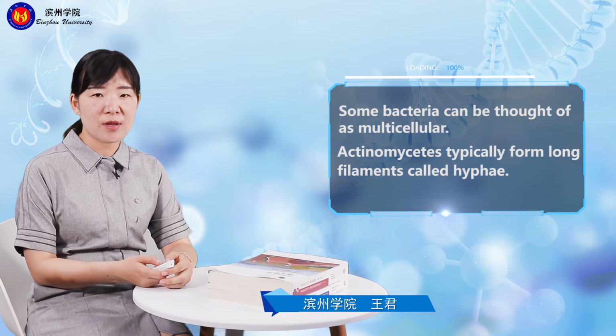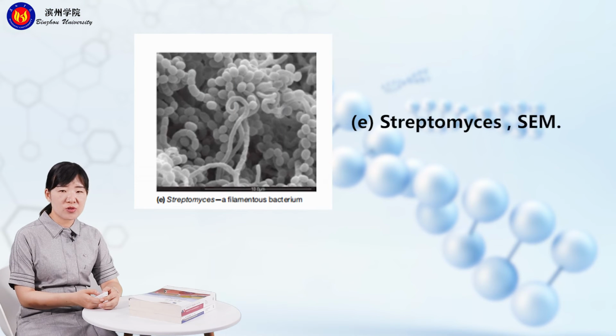Actinomycetes typically form long filaments called hyphae. The hyphae may branch to produce a network called a mycelium. And in this sense, they are similar to eukaryotic filamentous fungi.